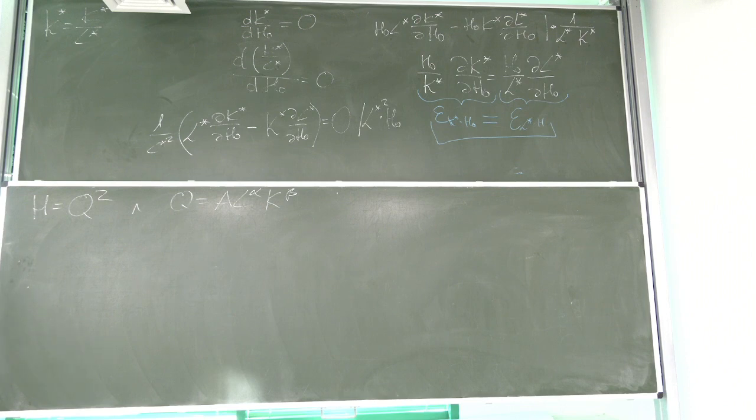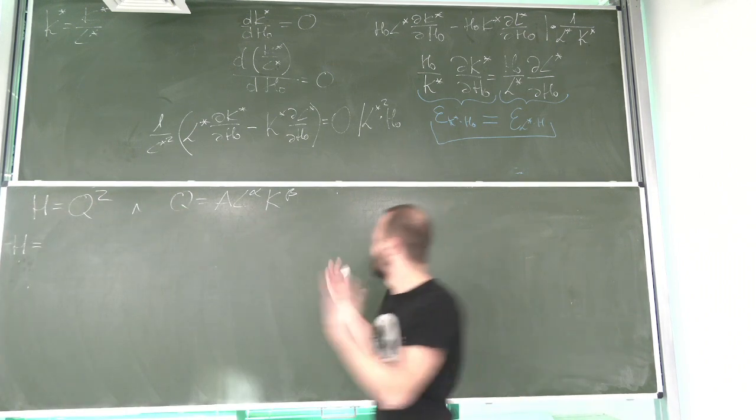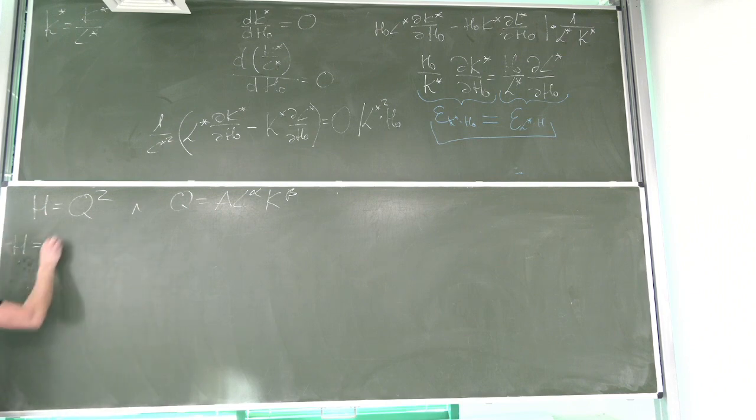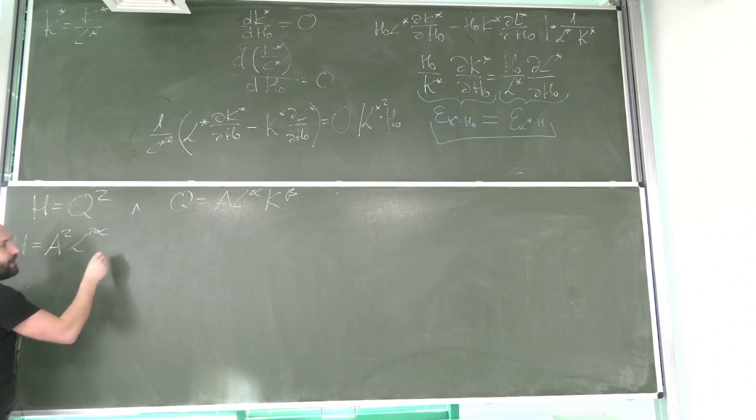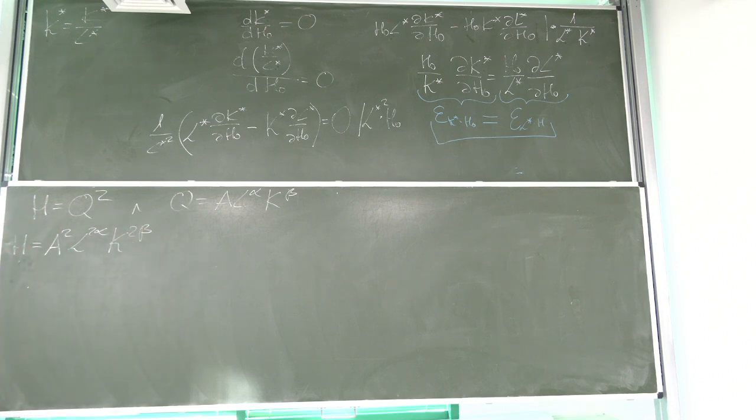Okay, so first, right away, I can just substitute and take this function to the power of 2. See what I am getting? So this is A squared times L to alpha K to beta.